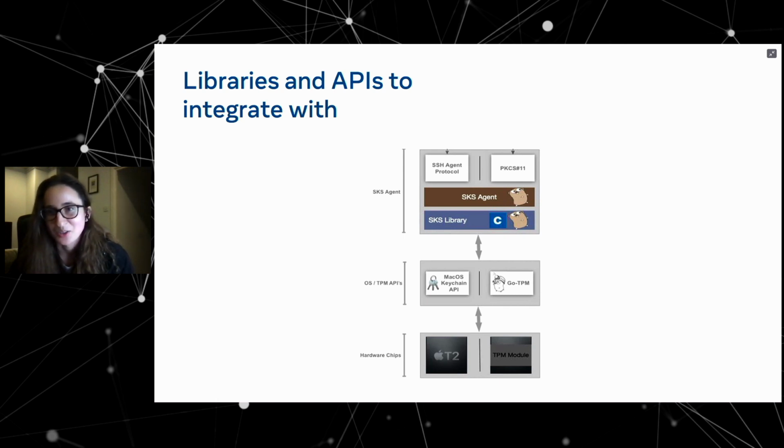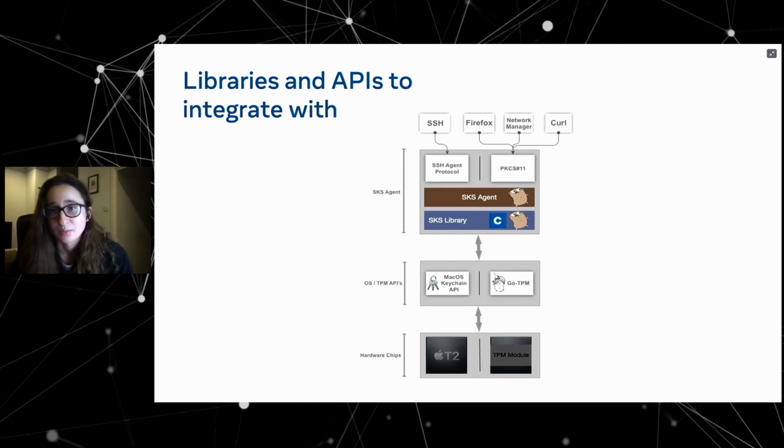On the other hand, the brains of the operation is the agent itself, which handles key creation and deletion, as well as certificate fetching and renewals. But this slide is called Libraries and APIs to Integrate with, and we haven't really talked about that.